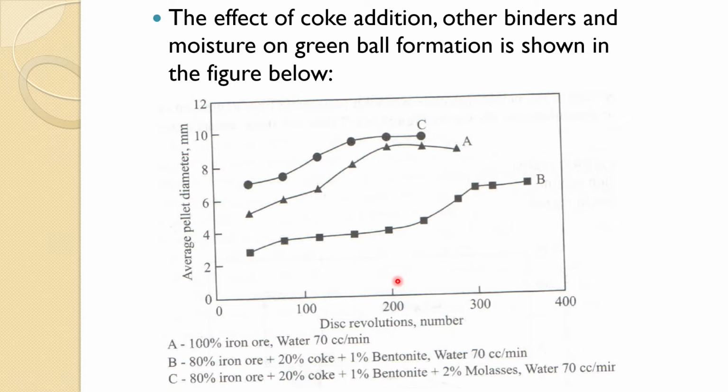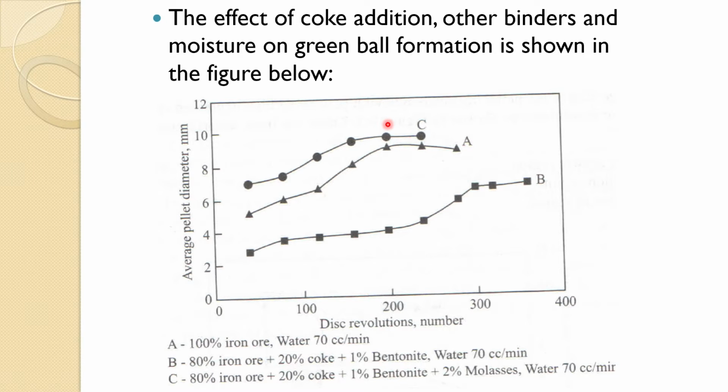You get the maximum one if you add 1% bentonite, 20% coke and 2% molasses with water, and that gives an almost 10 millimeter average pellet diameter.